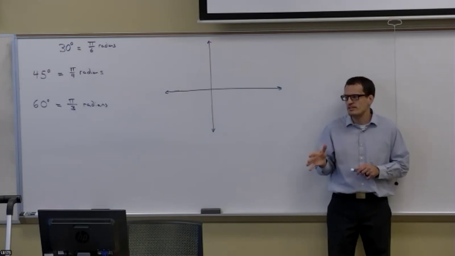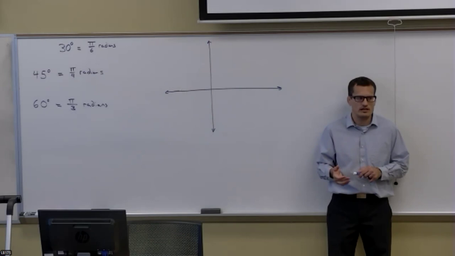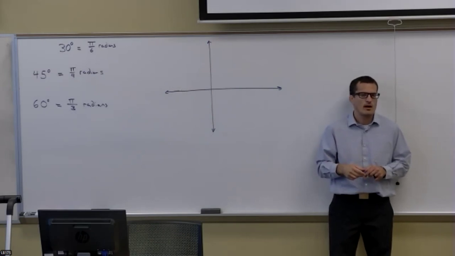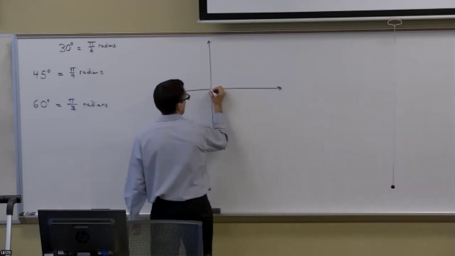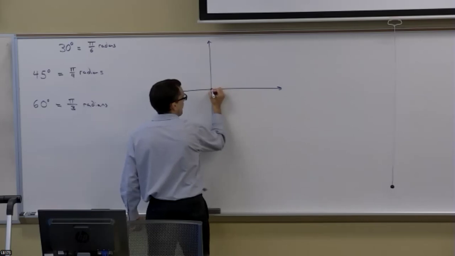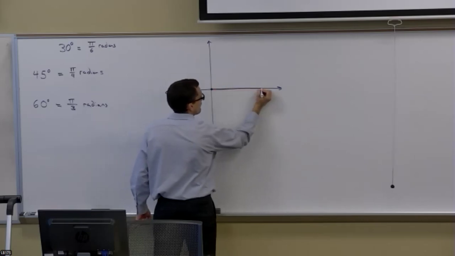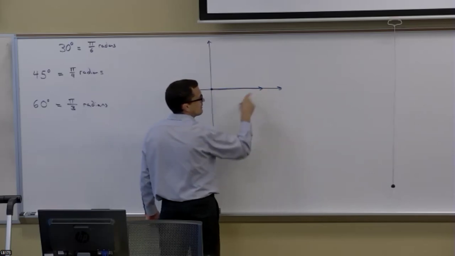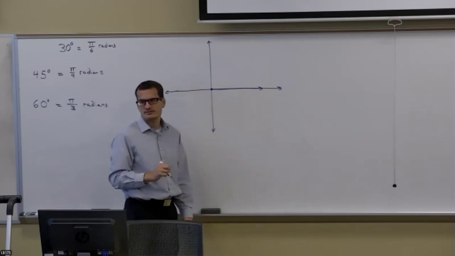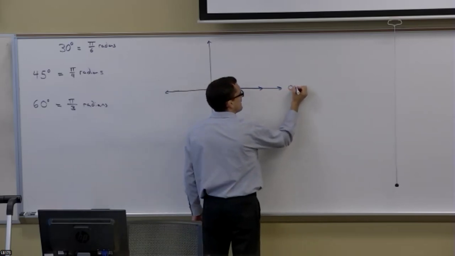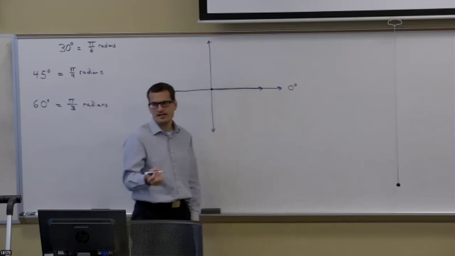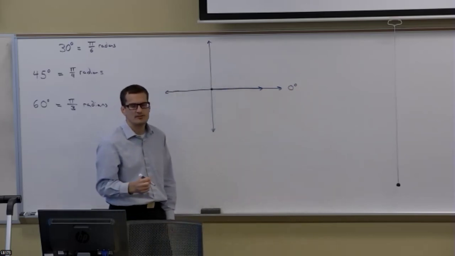Now, in terms of these angles on my quadrant, I think of rays going out along the x-axis and the y-axis. If a ray is going along the x-axis, that is 0 degrees, which is also 0 radians.